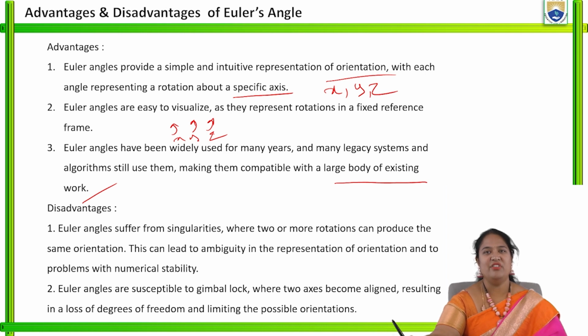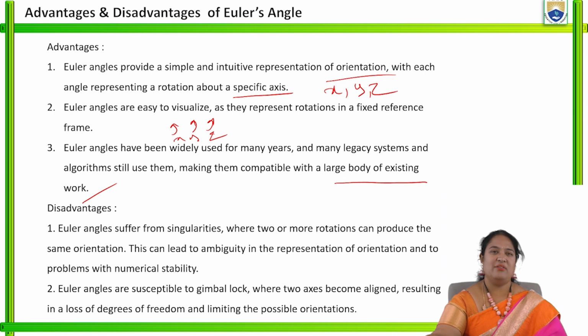When production is being done in large manufacturing industry and we use this Euler angle formulation, it becomes easy for us to find the orientation or position of the robot matrix. So that is one of the advantages.